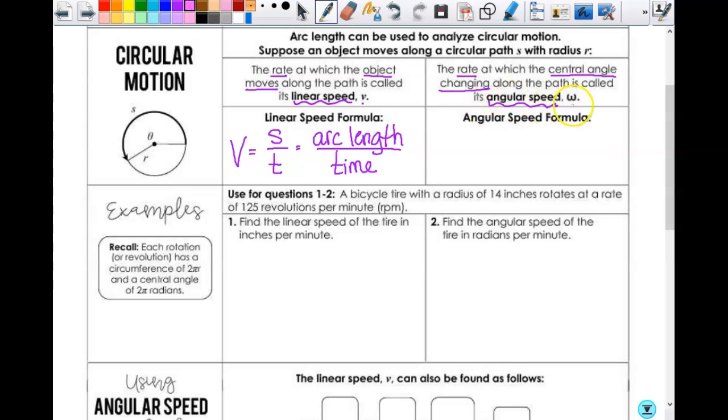But then angular speed, this little W, it's not a W. It's like a fatter, curvier W, even though it's still not a W. It is the Greek letter omega. Okay? So it's an omega formula. So your angular speed is omega equals theta over T, where theta obviously is an angle. It is the central angle. And T is time.